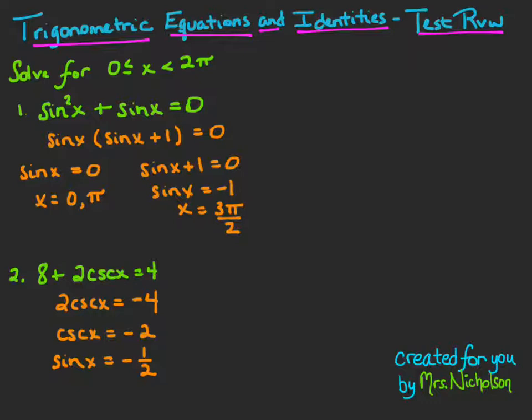And sine is equal to -1/2 whenever x is equal to, let's see, sine is negative in quadrants 3 and 4, and it's 1/2 at the pi over 6 angle. So that's 7 pi over 6 and 11 pi over 6.